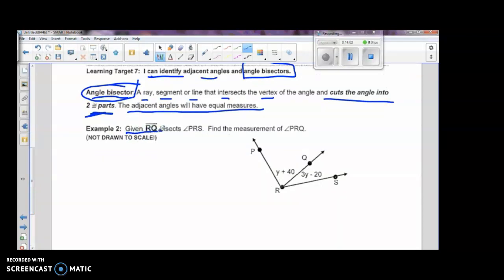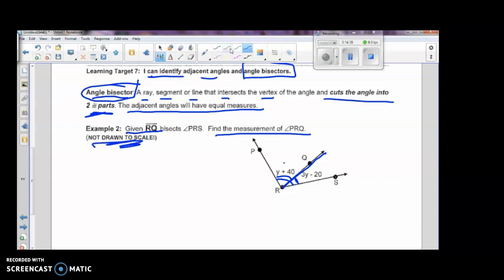So we have RQ bisects angle PRS. So let's just draw that. These are the same. We find the measure of angle PRQ.